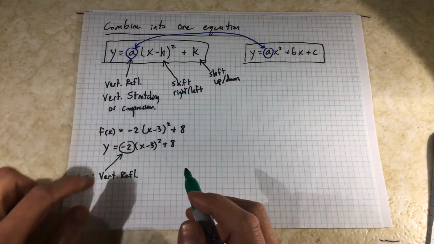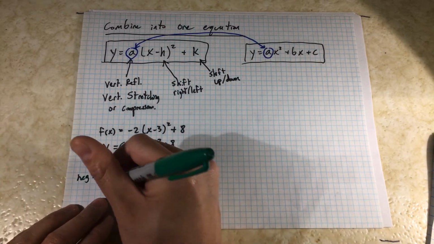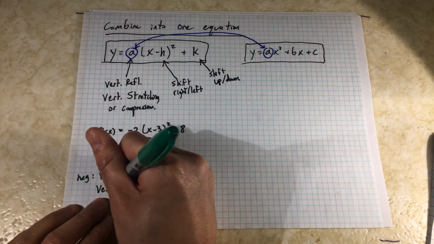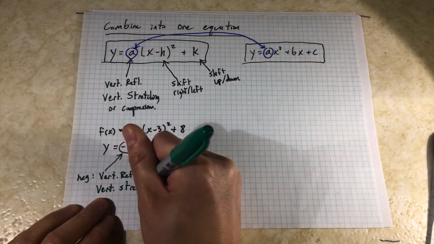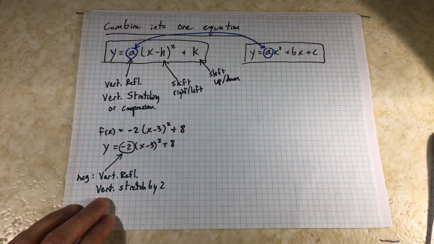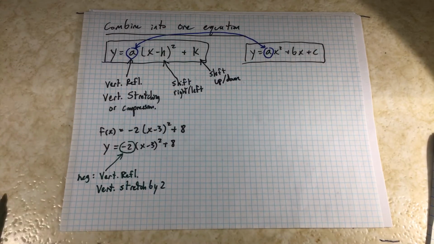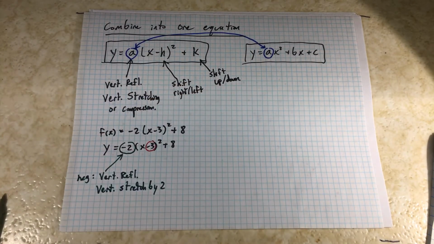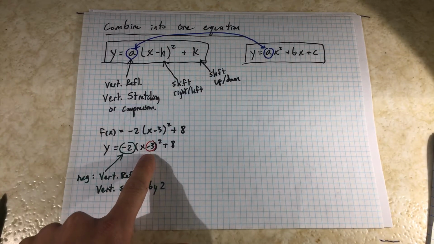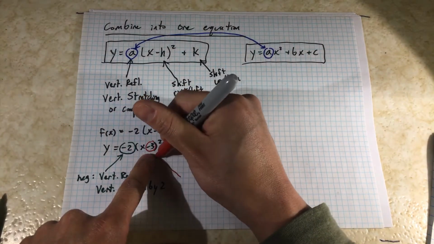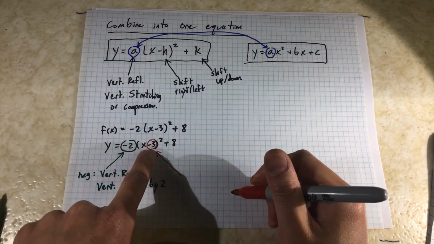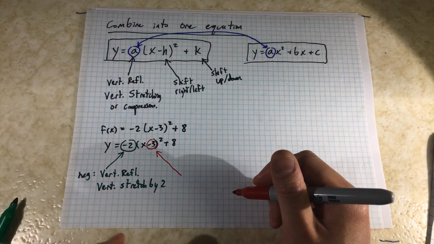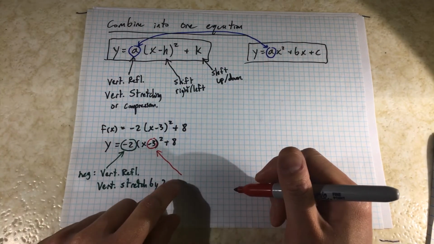The other thing is that the 2 tells us we have a vertical stretch by 2. Okay. Next, let's look at this minus 3 here. So that's x minus 3, so that's going to be a horizontal shift. And remember that a minus 3 in a horizontal means you're moving in the positive direction, which means you're moving to the right.